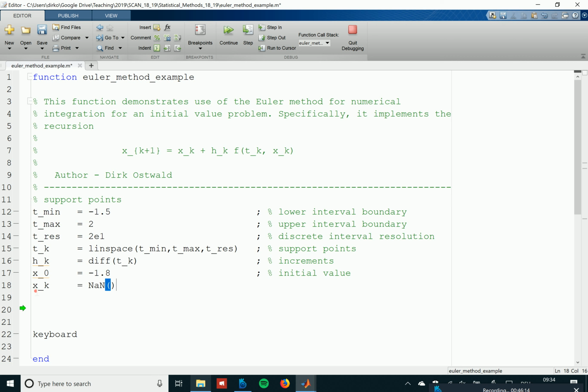Initialize it to none. Of course, we want one value of our function that we're trying to evaluate here for each value of the tk, so it should have the same number of points. So that would be this: function approximation initialization or something like this.